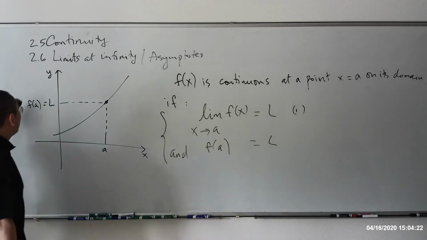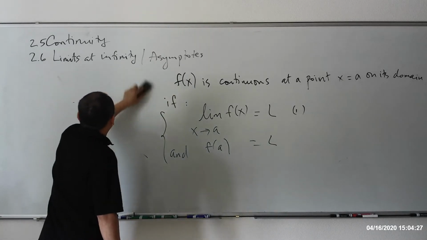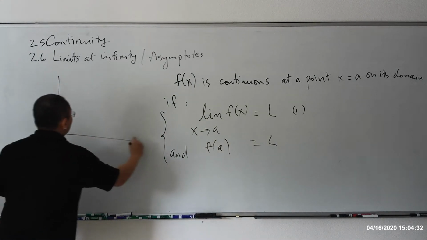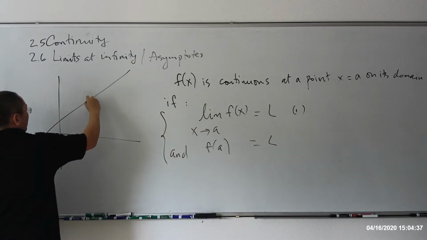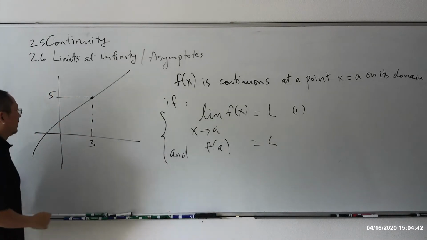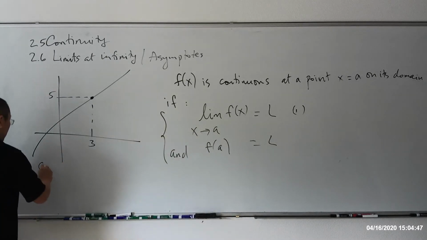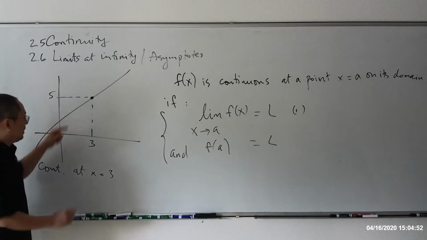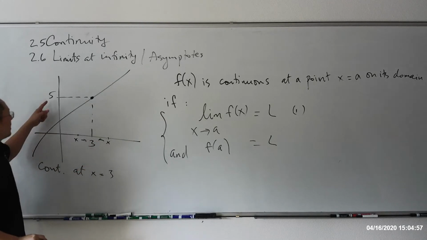Let me show you a couple of examples, or counterexamples, of continuous and non-continuous functions. Example: this function right here. This is 3, and this is 5. It's one curve, and I claim this function is continuous at x equal to 3, because as x approaches 3, f of x is getting close to 5.